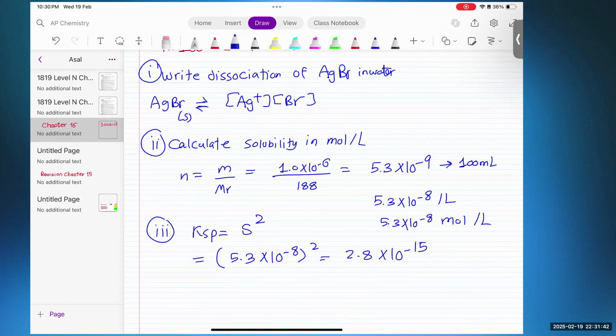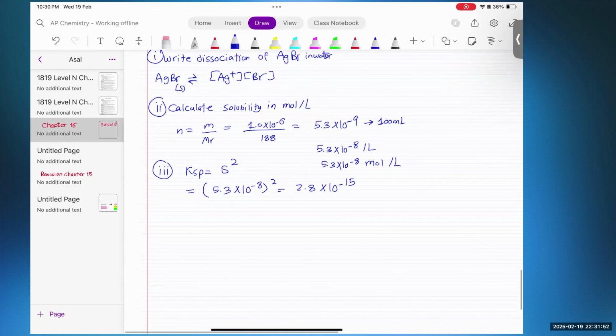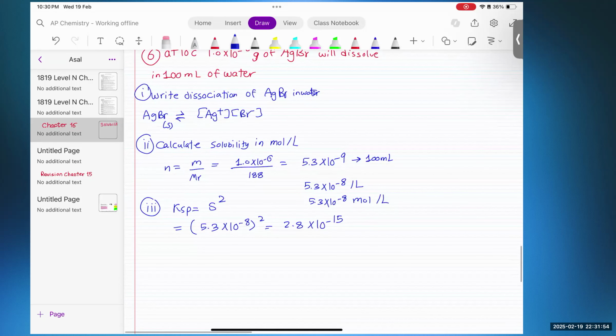Okay, I'm sorry. So we'll go for the next question. Calculate at 25 degrees Celsius. Apparently, there is something different, that's why he is mentioning the temperature. So he said that at 25 degrees, the value of KSP is 4.2.